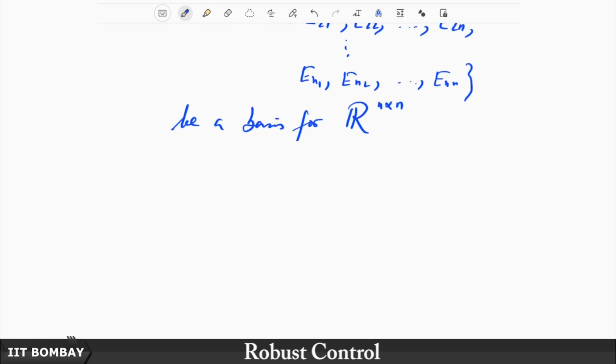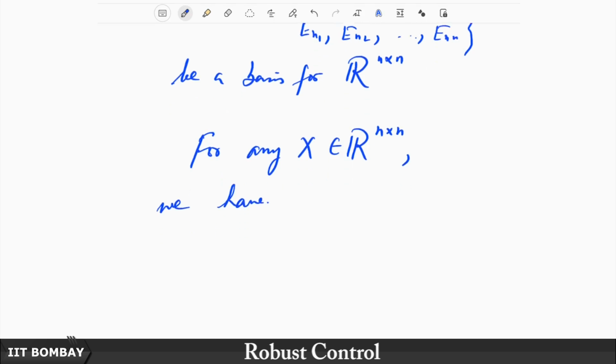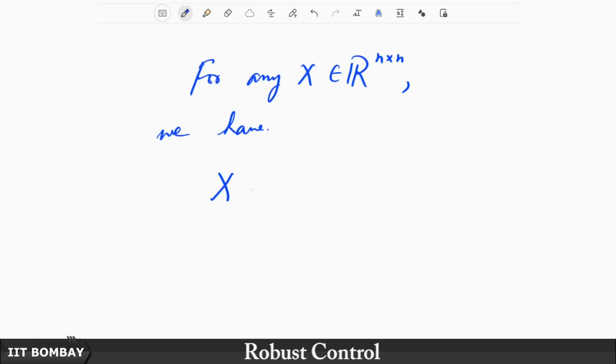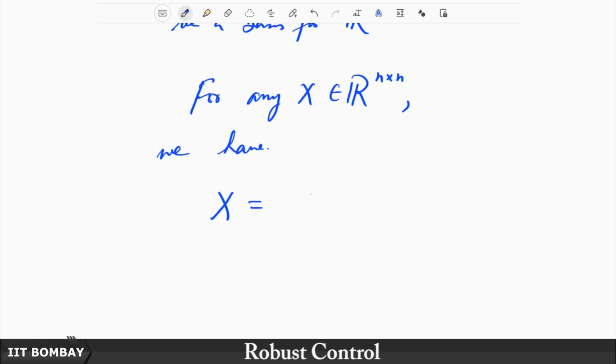So, now I am able to write, for any x belonging to R n cross n, we have x representable in the form, what symbol should I use? Let me use gamma.